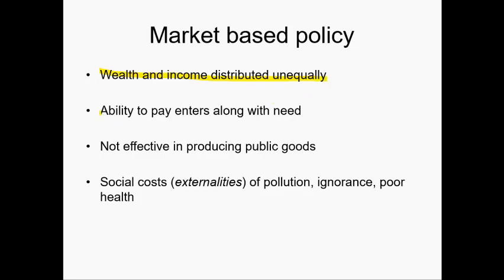Also, with market-based policy, the ability to pay enters along with the need. Somebody that may need it may not be able to afford it. A typical example of that is that the Sixth Amendment to the Constitution says that you have a right to counsel. Okay, that's great, but for a long time, what if you said, okay, I would like to have that right, but I can't afford counsel?